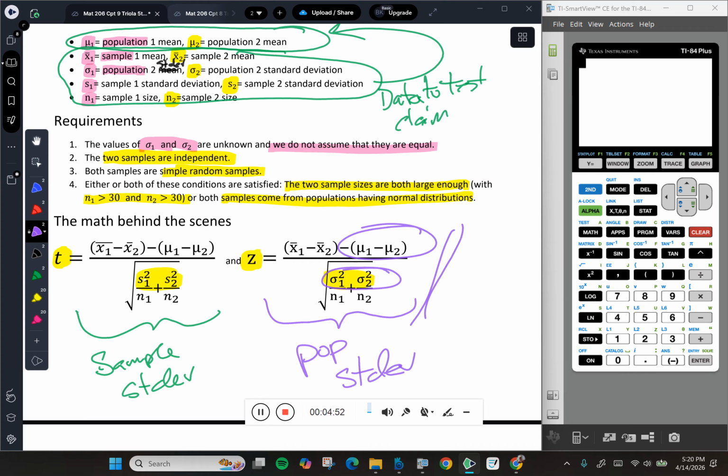So yes, it can be done, but realistically, we live here. Sample data, sample standard deviations. The math behind the scenes is to place all this information on a t distribution, or the student distribution, and run the test that way.